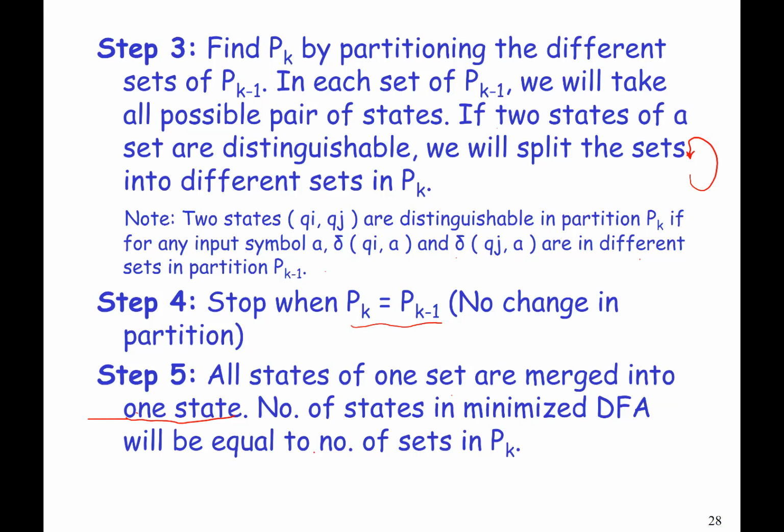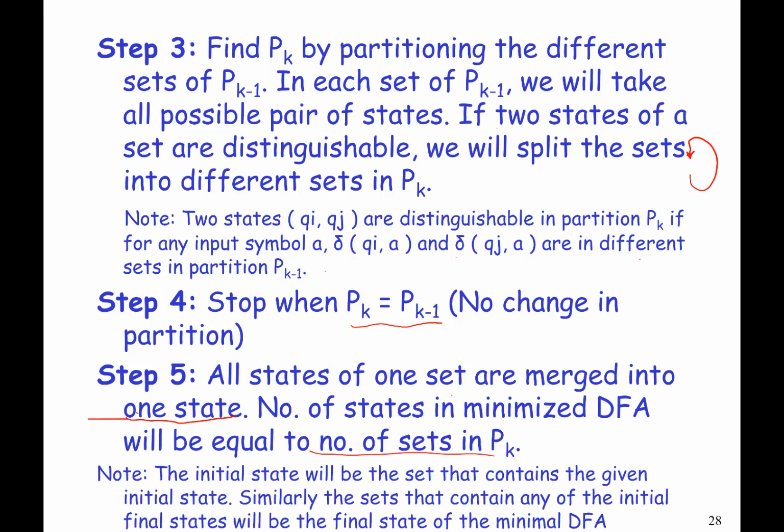Look at the number of sets in pk, and that becomes the number of states in the DFA. This is minimal because we are grouping all equivalent states into one. The initial state will be the set that contains the initial state, and similarly we define the final states as the state sets that contain the final states of the DFA.